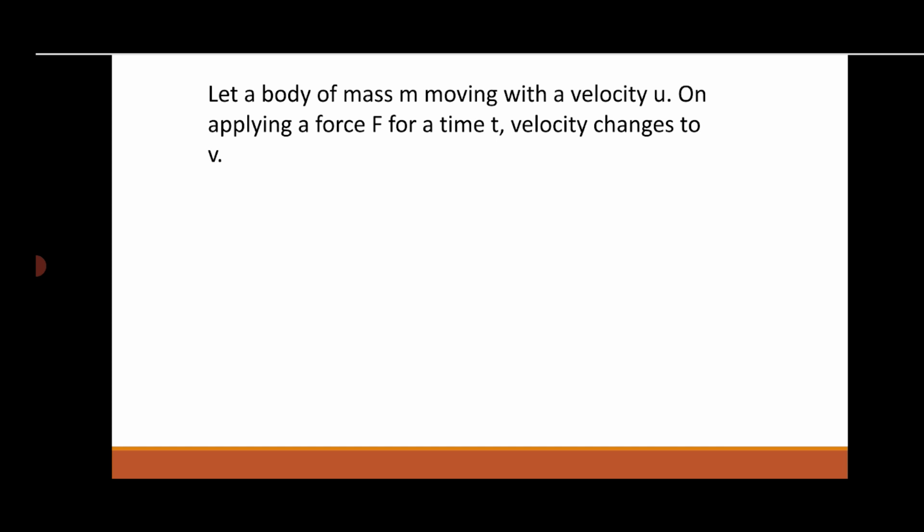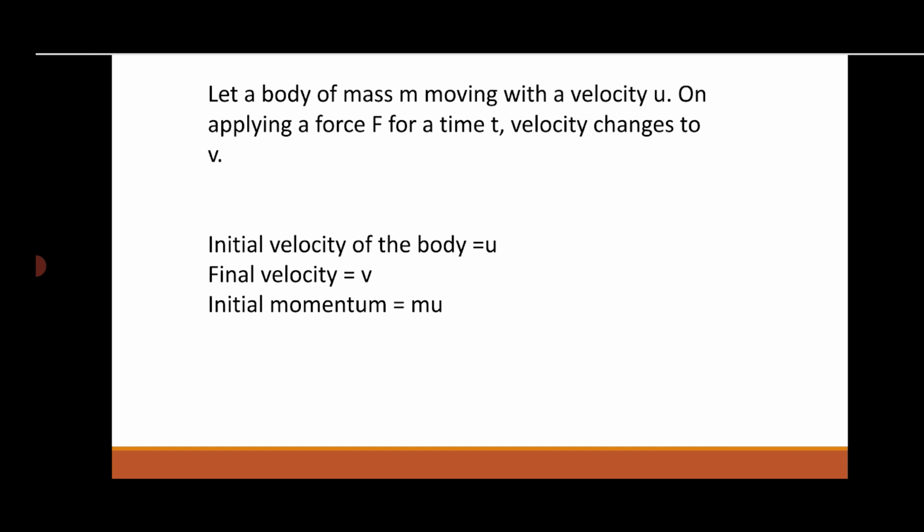Now consider a body of mass m moving with a velocity u. When we apply a force F for a time t, the velocity changes to v. Here the initial velocity is u and the final velocity is v. We know that momentum is mass times velocity. The initial momentum is m times u, and the final momentum is mass times the final velocity, m times v.